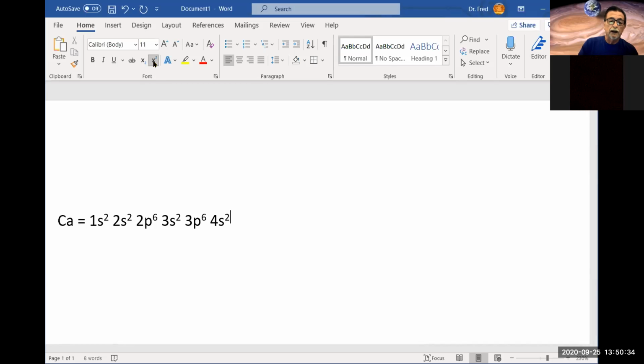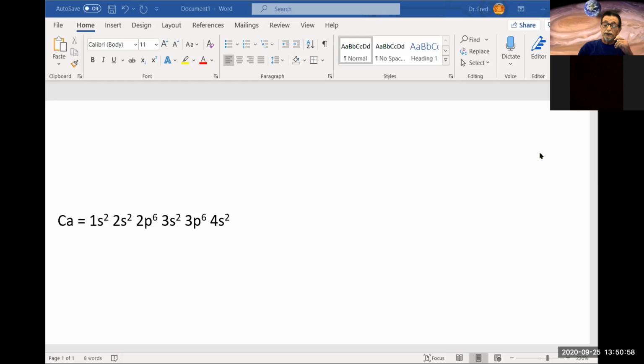Okay. Now, does everyone agree that that is the electron configuration for the calcium element? Did I miss anything? Okay, the element is bigger.